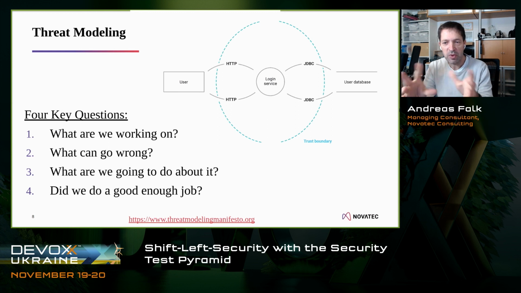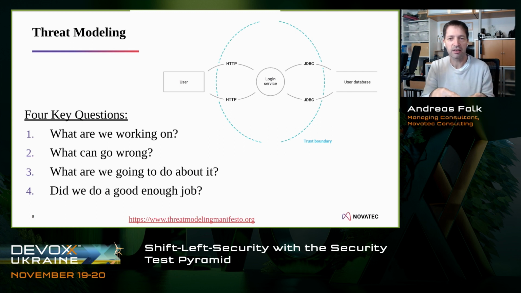And what is between these is what is called a trust boundary. If you cross boundaries between the internet and the cloud provider, this is one trust boundary because you need different user credentials to access that login service running inside the cloud.